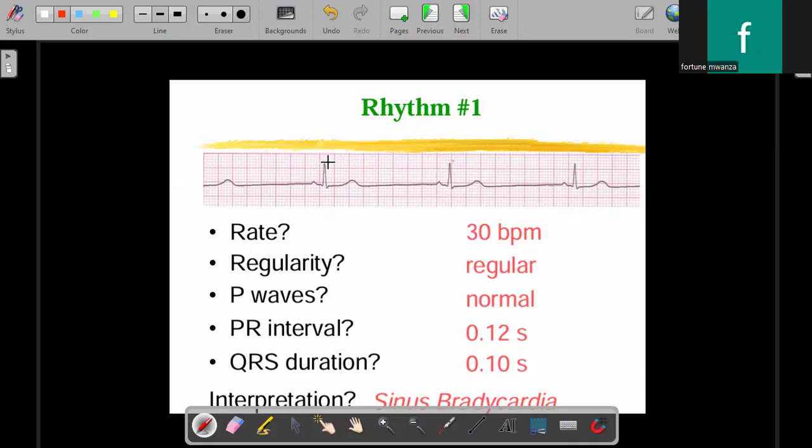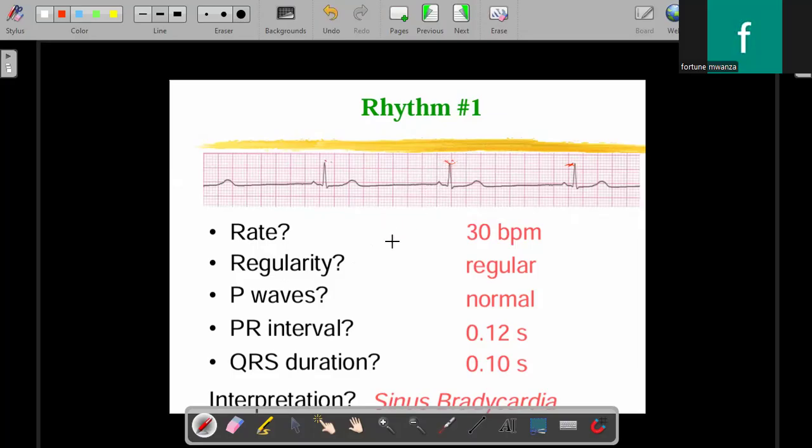Or you can use a ruler to calculate the distance between this wave and the other wave. This distance is the same as the distance from here to there. So in terms of regularity, this arrhythmia is regular.